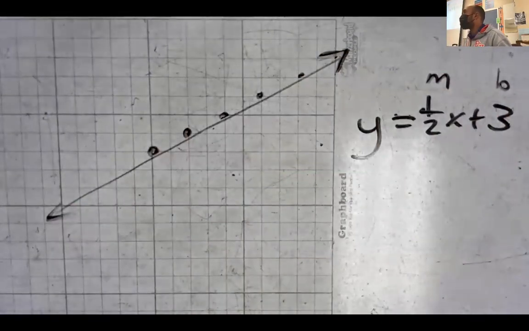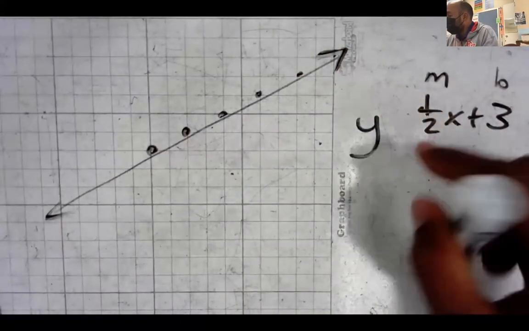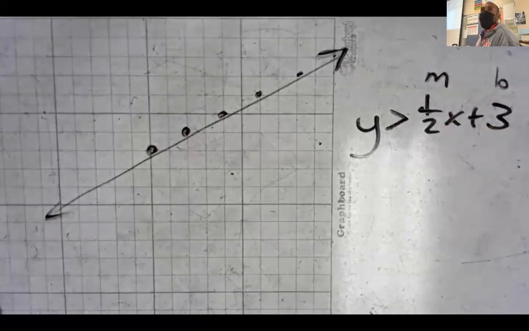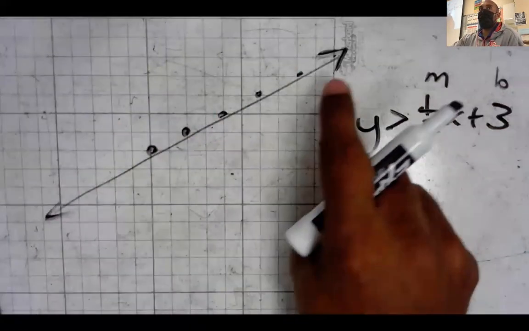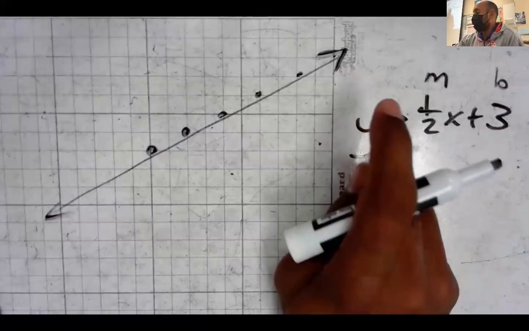Now, make it into an inequality. So instead of an equation now, I'm going to make it greater. Y is greater than. So the only thing that changes now is how you graph the line. The line is still graphed like this, but how you graph the line changes a little bit.